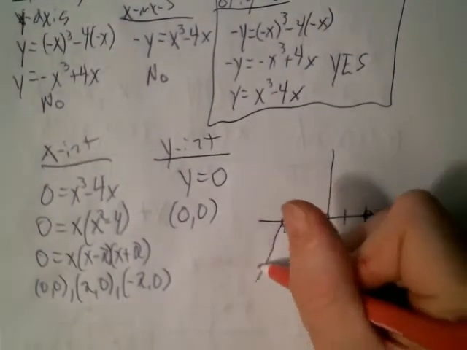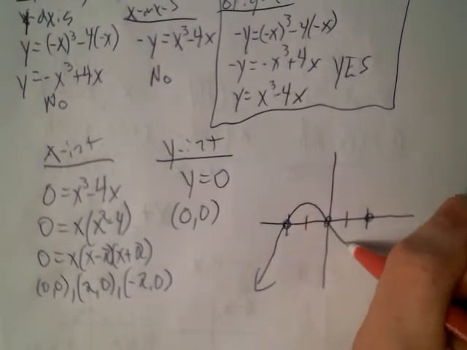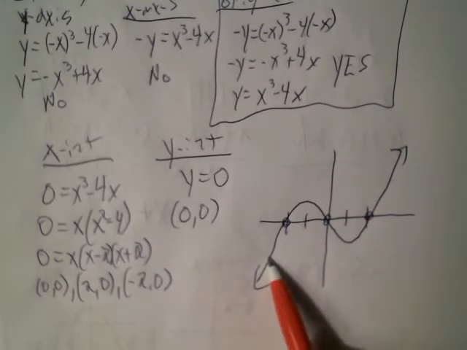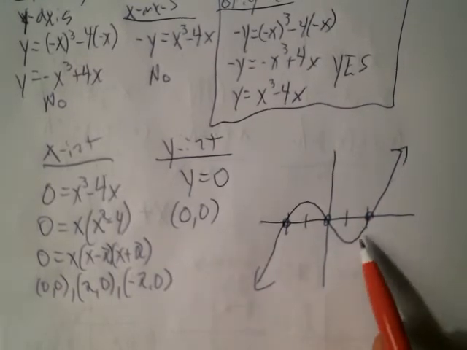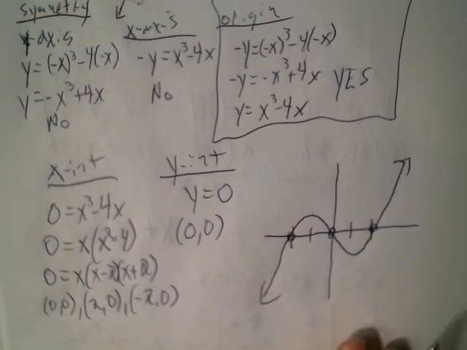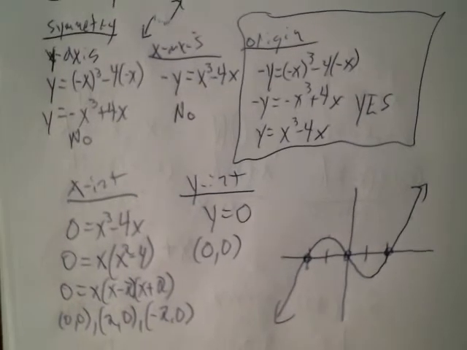So our end picture should look something like this. And it has this origin symmetry, so if you have this point here, you expect this point down here. If you have this point here, you expect this point right here. And yeah, that's pretty much it.